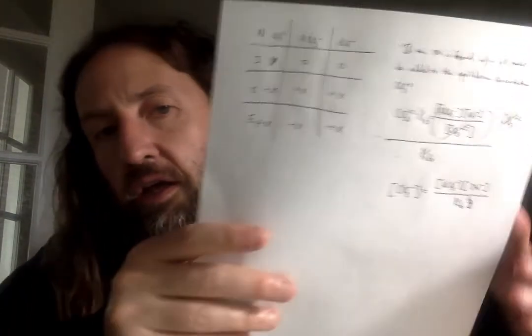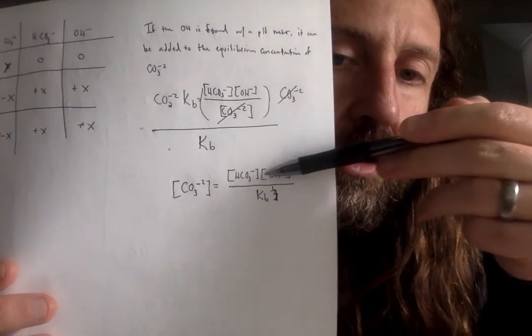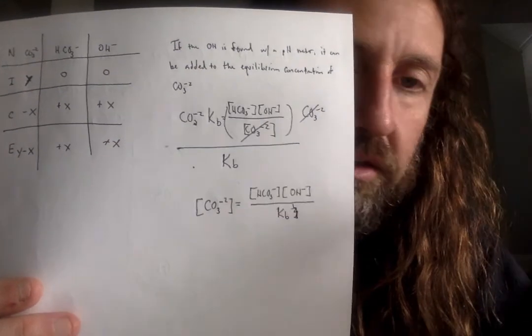And so that gives you the CO3 2- concentration is HCO3 -, OH -, which we have, divided by the Kb. Whoops. And so you can see this is kind of a stopper problem because that would be a lot to think about, but there's no math, and then it's simple when you think about it, but that's one of those ones that if you're maybe a little flustered on the exam, that would be tough to think about.